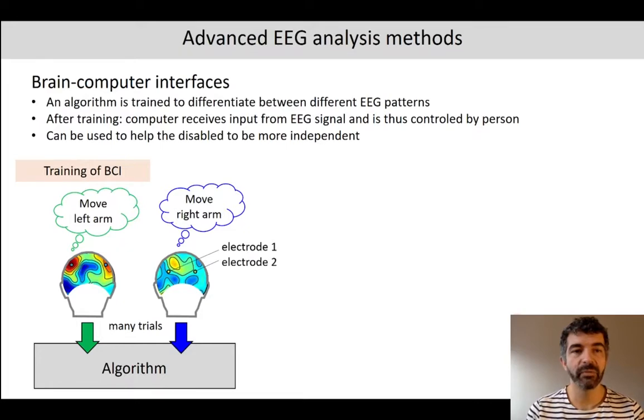So let's have a look at how brain-computer interfaces work, just to give you an example. Here we use an algorithm that is trained to differentiate between different EEG patterns.